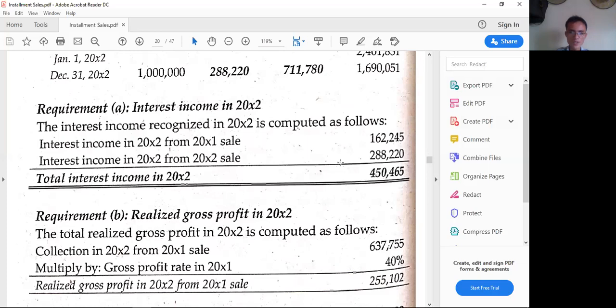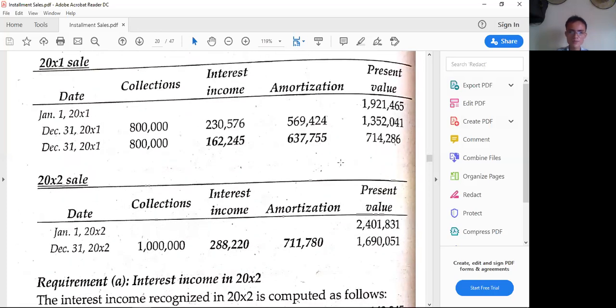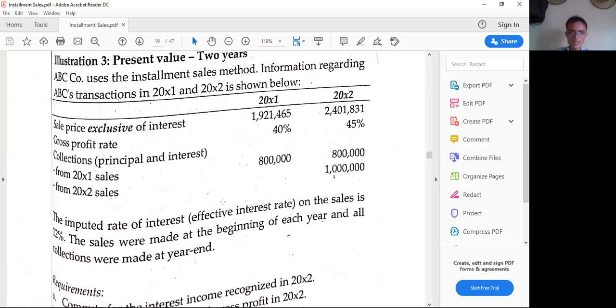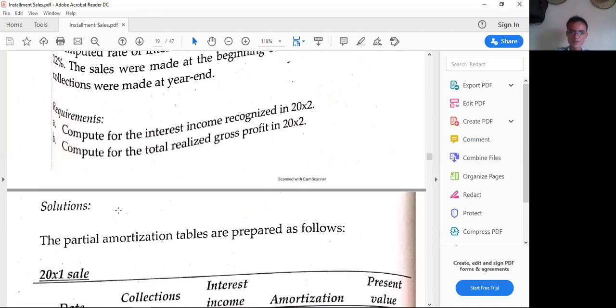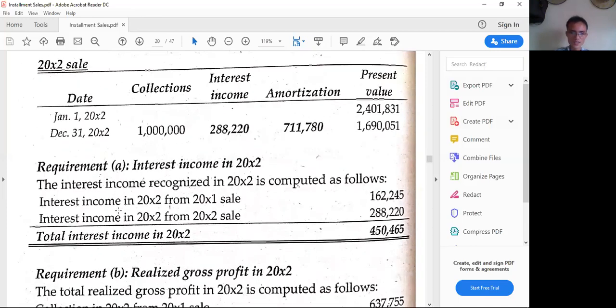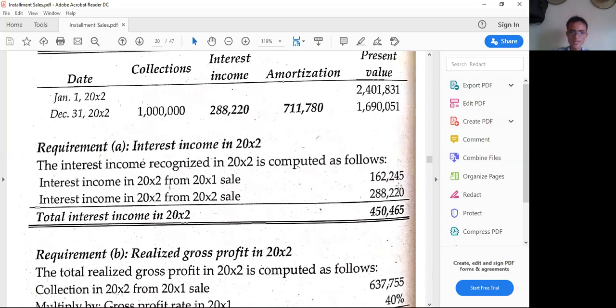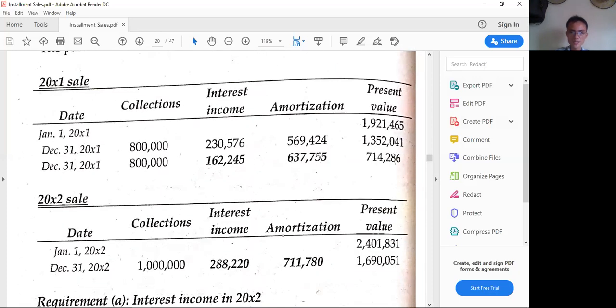Okay, what about realized gross profit? Since we have already made two tables, by the way, how do we know that we really have to make tables? There was no mention of promissory note. If you really see interest here and imputed, that's really an implication that we really have to discount or consider present value factors. Okay, so you have here also the collection in 20x2 from 20x1 sale here.